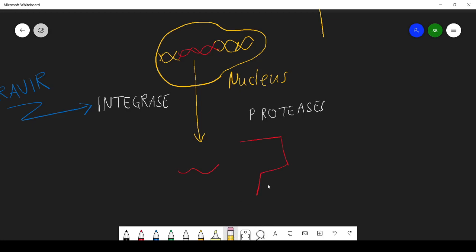So you now have the proteins that it needs to actually make a new shell to encapsulate the DNA that it's made to make a new virus.